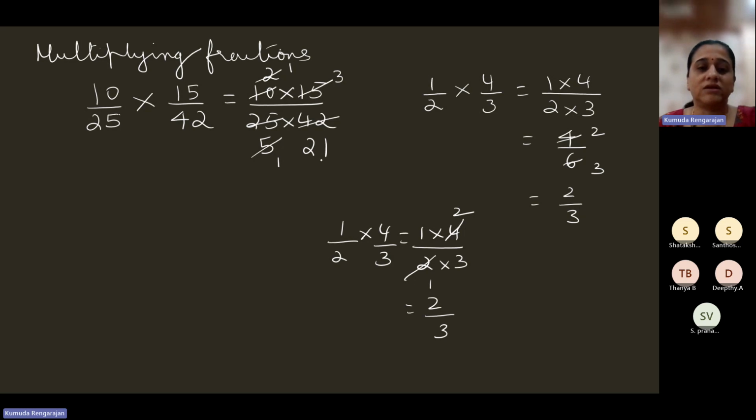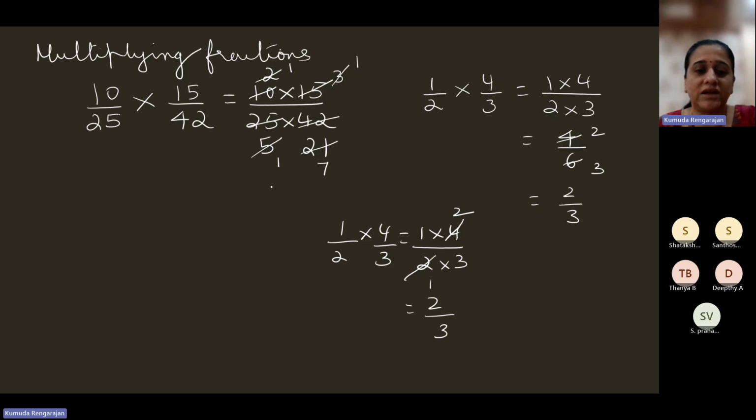It's further possible. You can take 3 from the numerator, 21 from the denominator. Both are divisible by 3. So 3 1s are 3, 3 7s are 21.